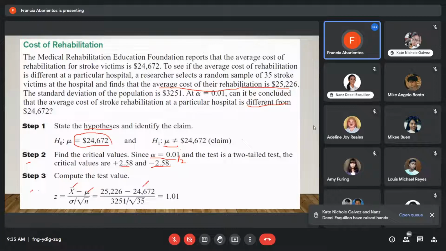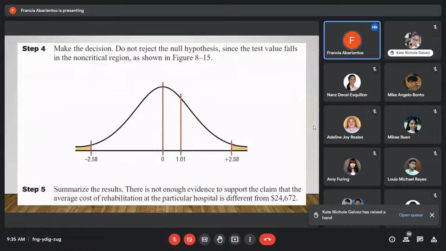And we have now the standard deviation, which is 3251, which is given also in the problem, standard deviation of the population. And we have now the random sample of 35. Divided by the square root of that, then this is now the test value. Okay. Etong test value natin, class, elaborate natin siya or papakita natin siya sa step 4 natin.